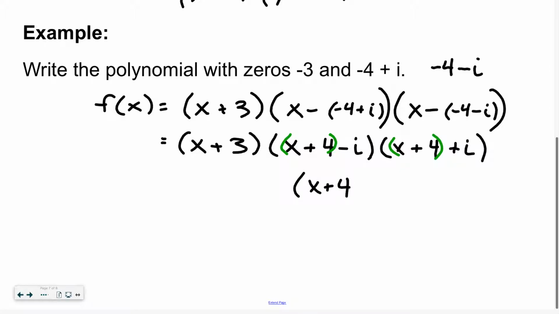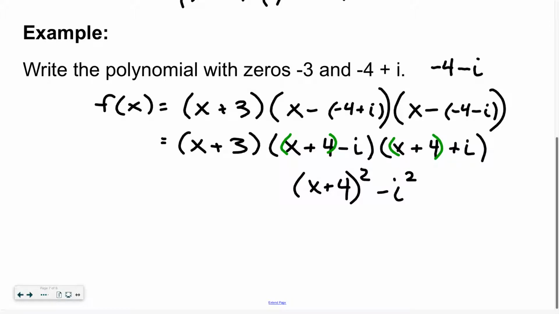That's going to be an x plus 4 squared. When I FOIL it out, I'll have a plus i times x plus 4 and a minus i times x plus 4, so won't those cancel? And then I'll have a minus i squared.